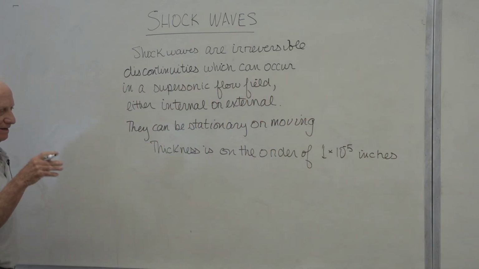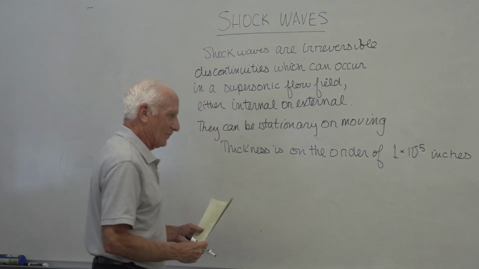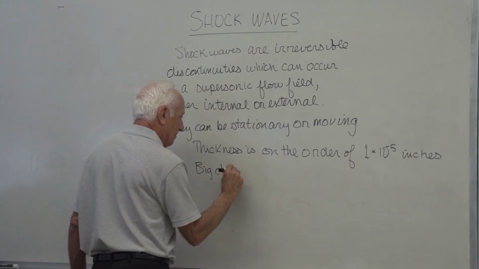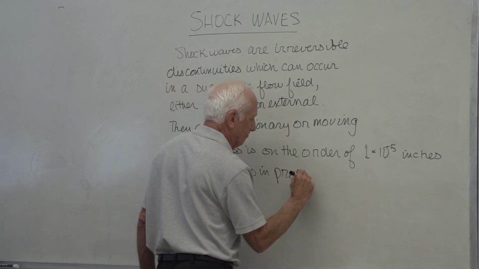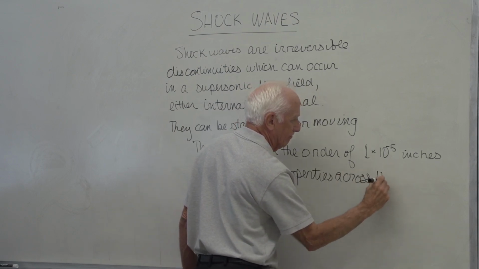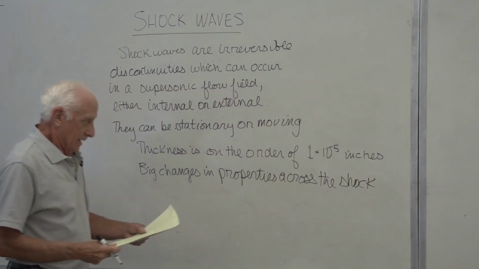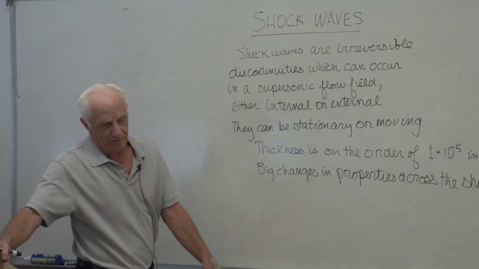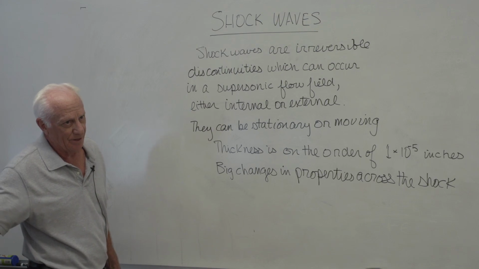And across that very thin shock wave, dramatic things happen. So big changes in properties across the shock. If it's air, the molecules of air go through tremendous decelerations across a shock.